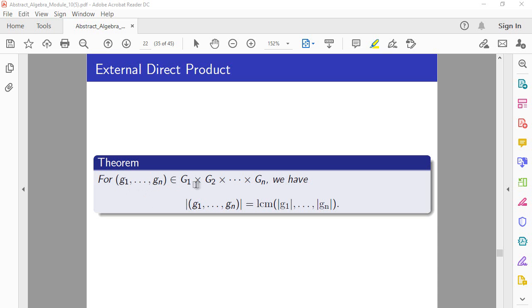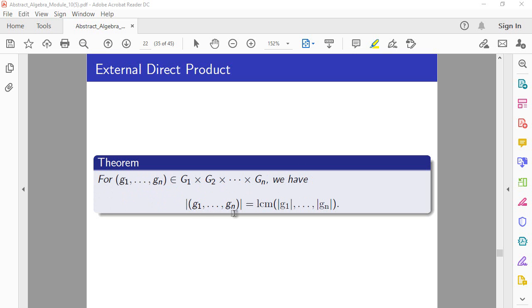This is an element of the external direct product, which means that g1 belongs to the group G1, g2 belongs to the group G2, and so on, and gn belongs to the group Gn. So the natural question is, what is the order of this n-tuple in this group?